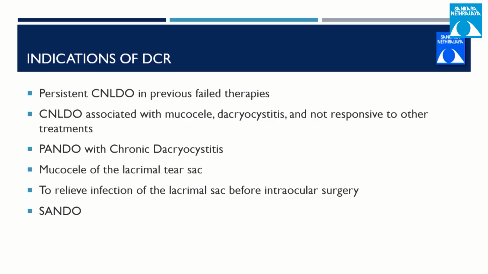It's important to know. And what are the other indications of early probing in children? Usually we do probing at what age? After 9 months. So when will you do earlier than that? That is called early probing. So one is dacryocystocele because they have a tendency to have recurrent acute DACs. Then other common indication? What surgery? Intraocular surgery.